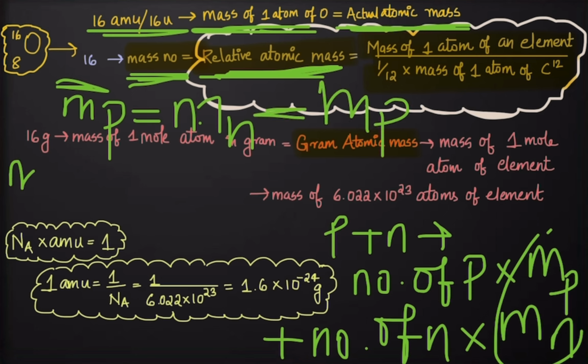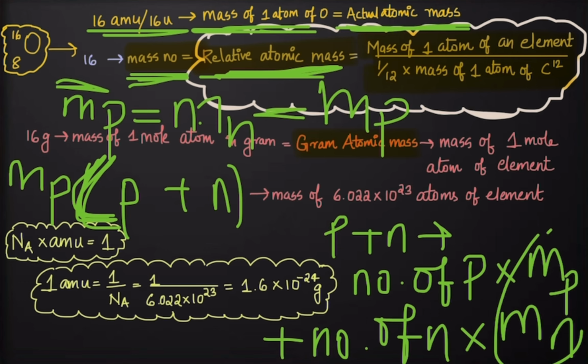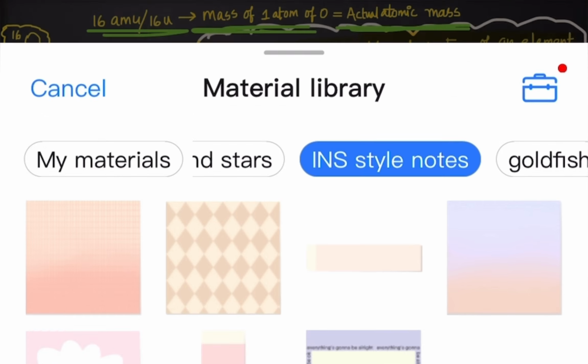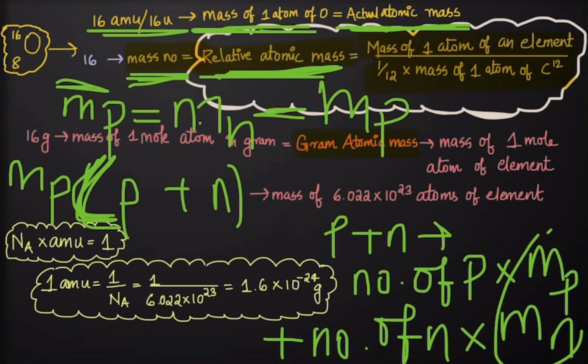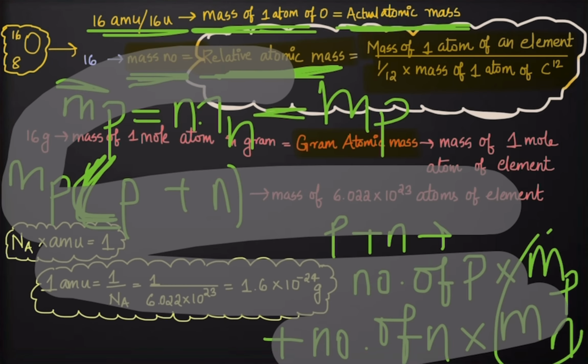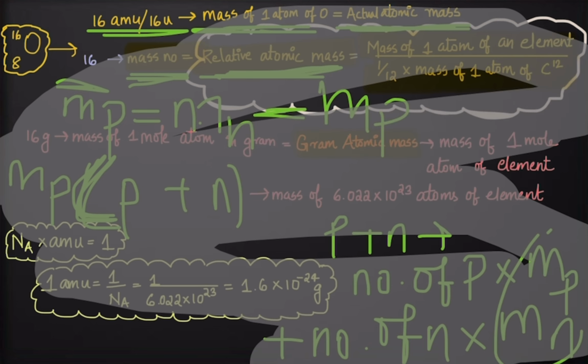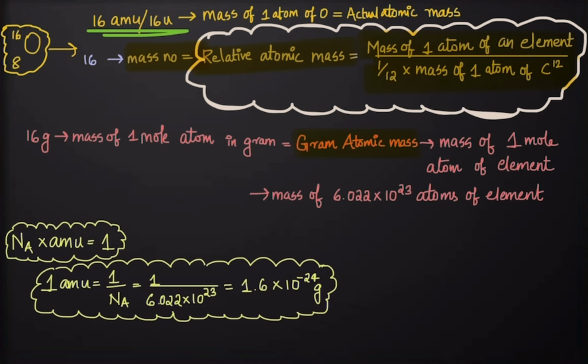So we can bring the mass of proton outside of the bracket: mass of proton into number of protons plus number of neutrons.